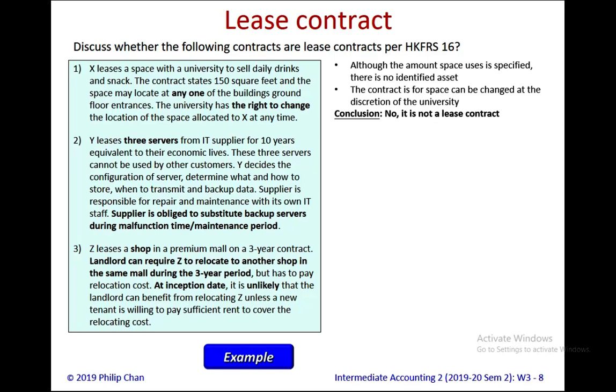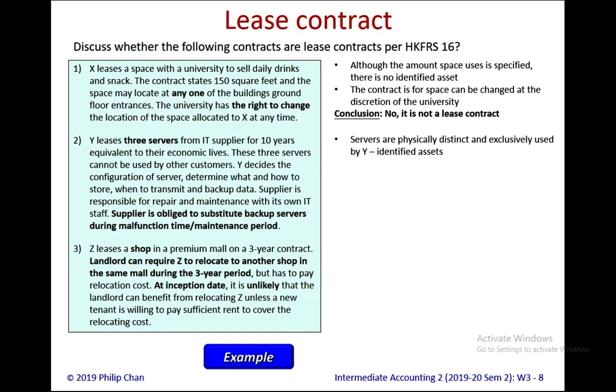Number 2, Y leases 3 servers. Obviously the 3 servers are physically distinct, and they can be exclusively used by Y from an IT supplier for 10 years, equivalent to their economic lives. These 3 servers cannot be used by other customers.